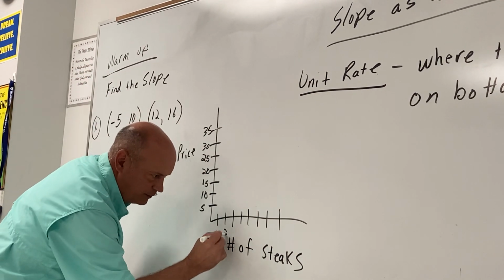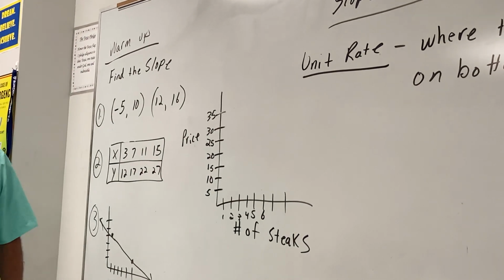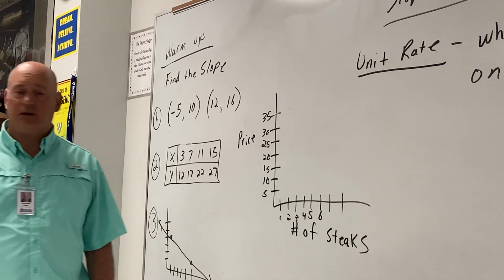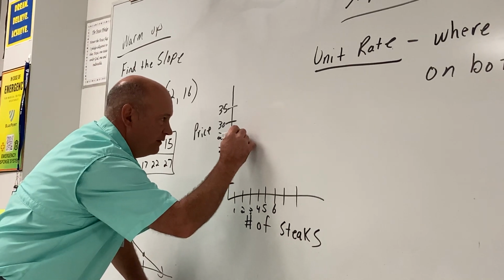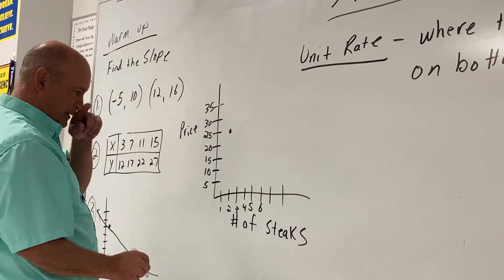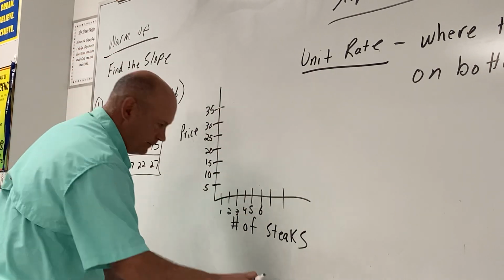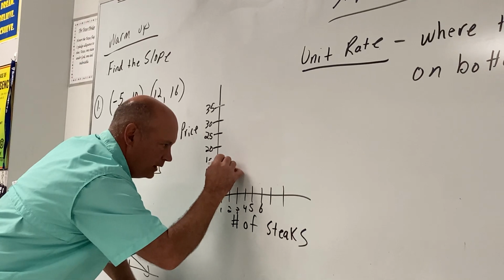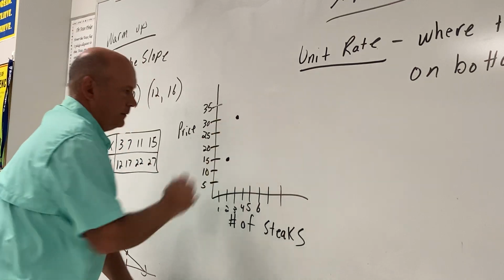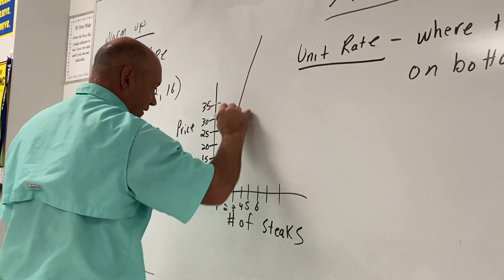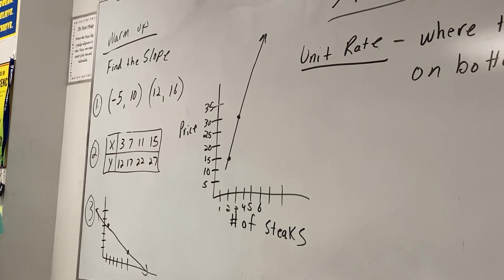And these are just 1, 2, 3, 4. So you can tell what my brain's thinking today. Steaks and fishing. Let's make it cheaper. Let's go 2 steaks, $15. 3 steaks, $30. So let's say they got this graph here, and they want us to find the unit rate for buying steaks.